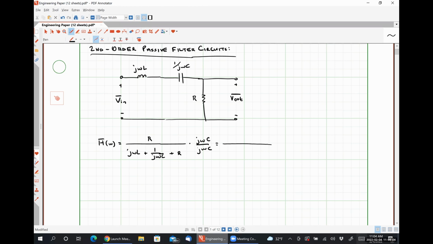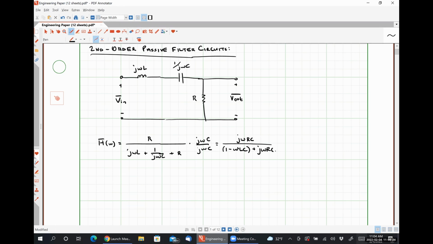And what that's going to leave me with is j omega RC in the numerator, 1 minus omega squared LC as the real part of my denominator, and j omega RC as the imaginary part of my denominator.